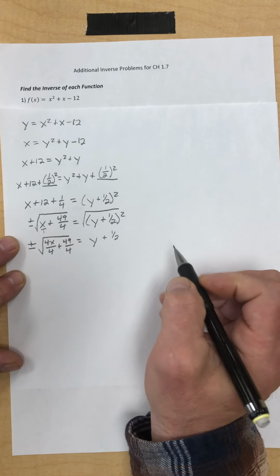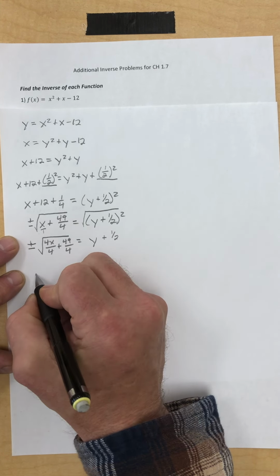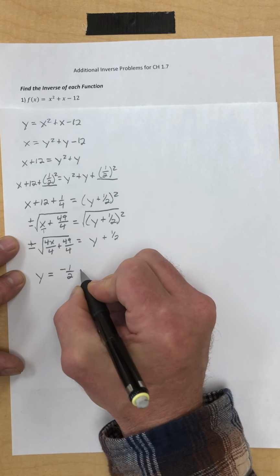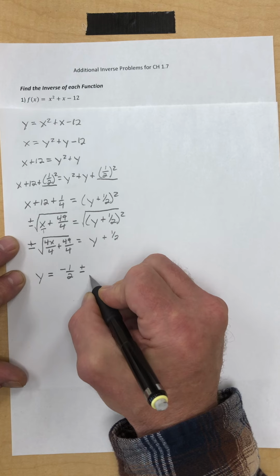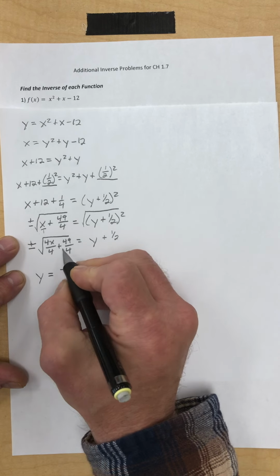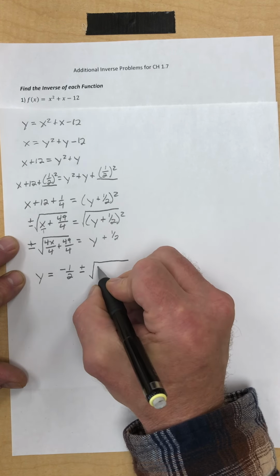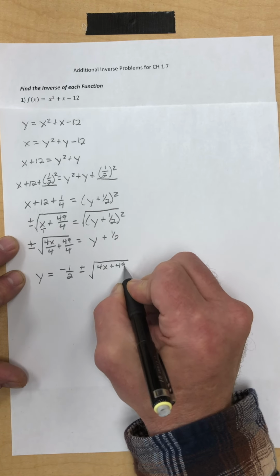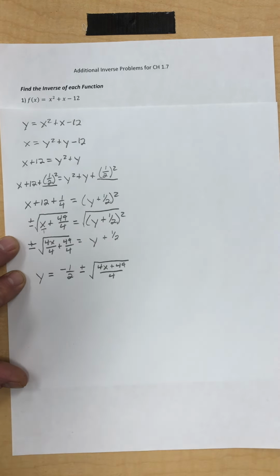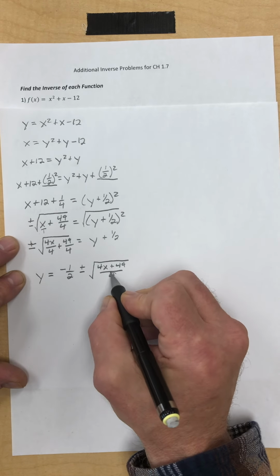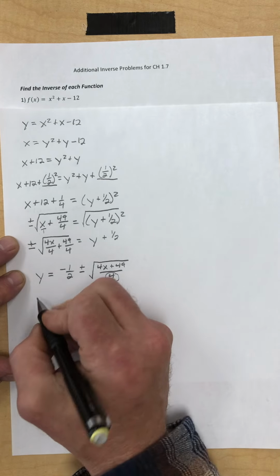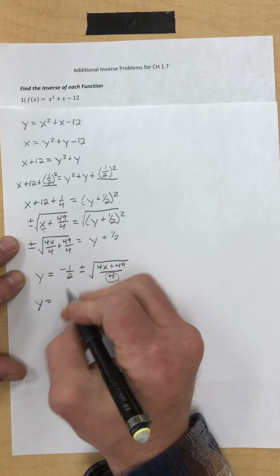So I'm going to subtract 1/2 from both sides. I get y equals negative 1/2 plus or minus, and then I take these and combine them into one big fraction, just like we've been doing: 4x plus 49 over 4. And lo and behold, this is a perfect square, so I can just apply the quotient rule to rationalize things.